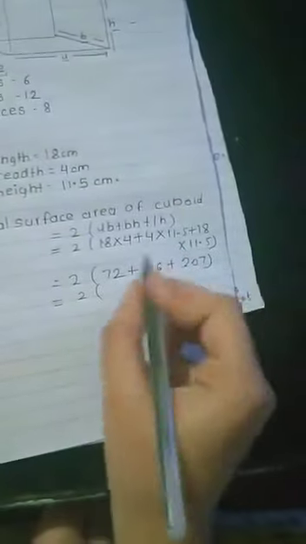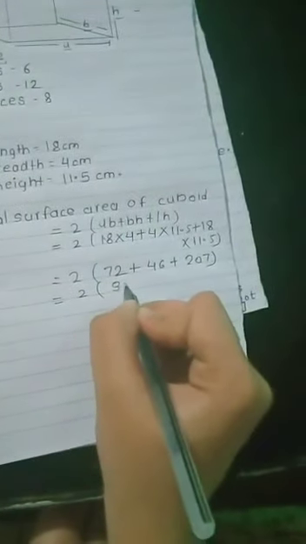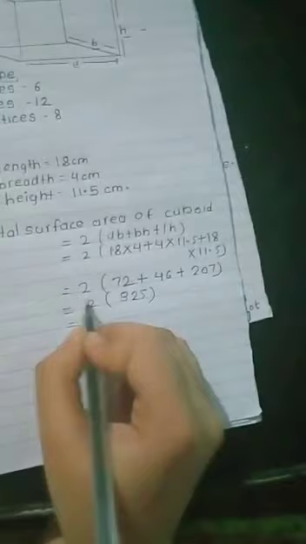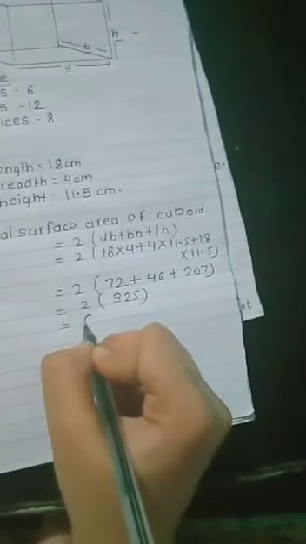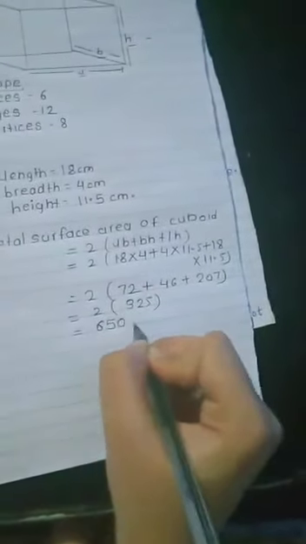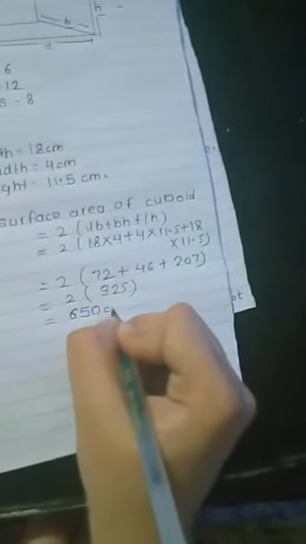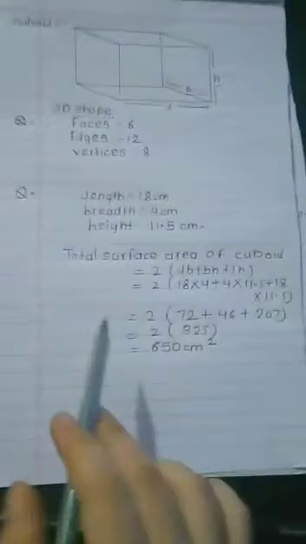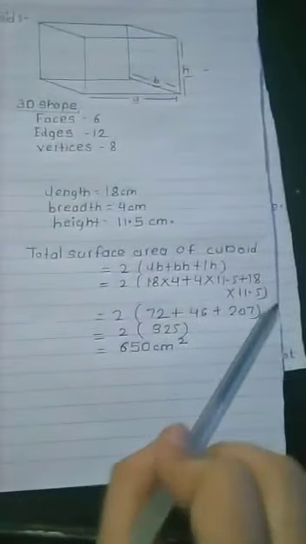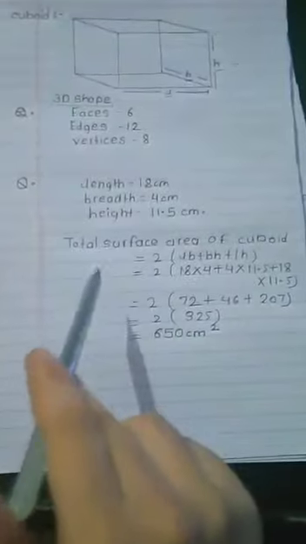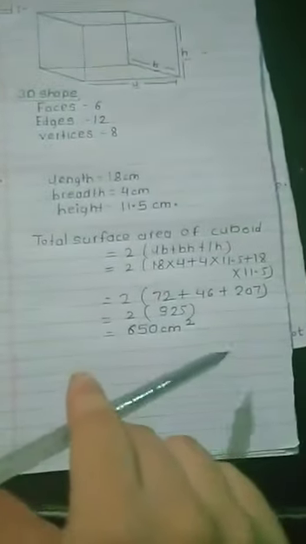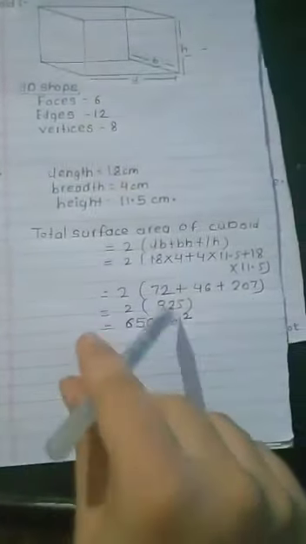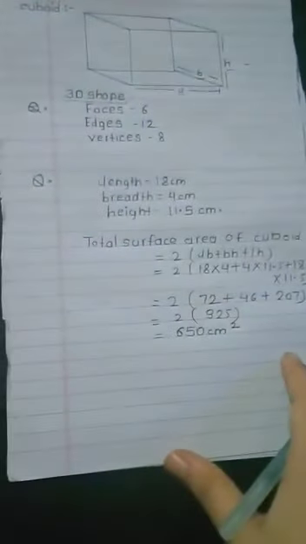By adding this you will get 325. By multiplying this by 2 it is 650, and since we have taken the unit centimeter, we have to write centimeter square. So this is the total surface area of the given cuboid-shaped object. It is a very easy way to find the total surface area of a cuboid.